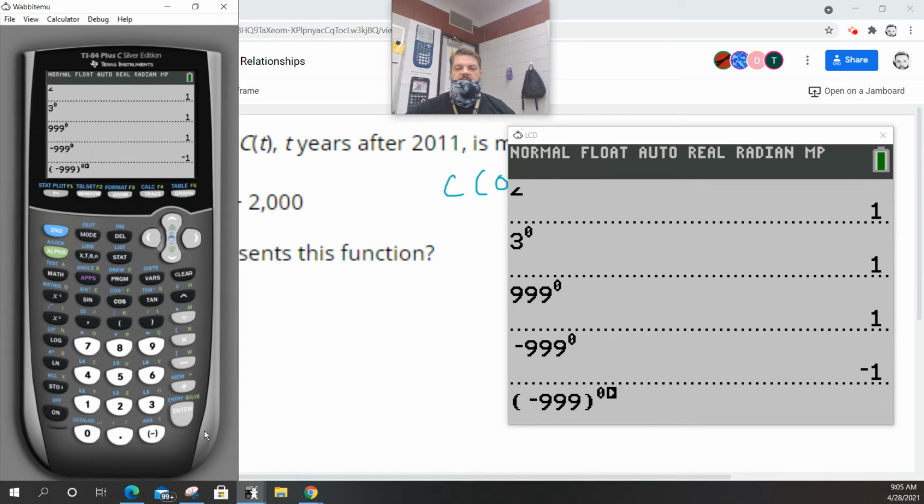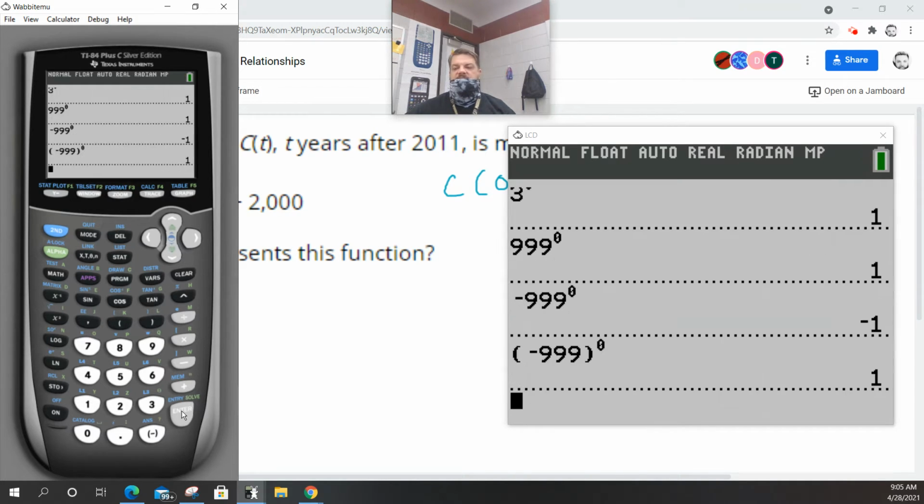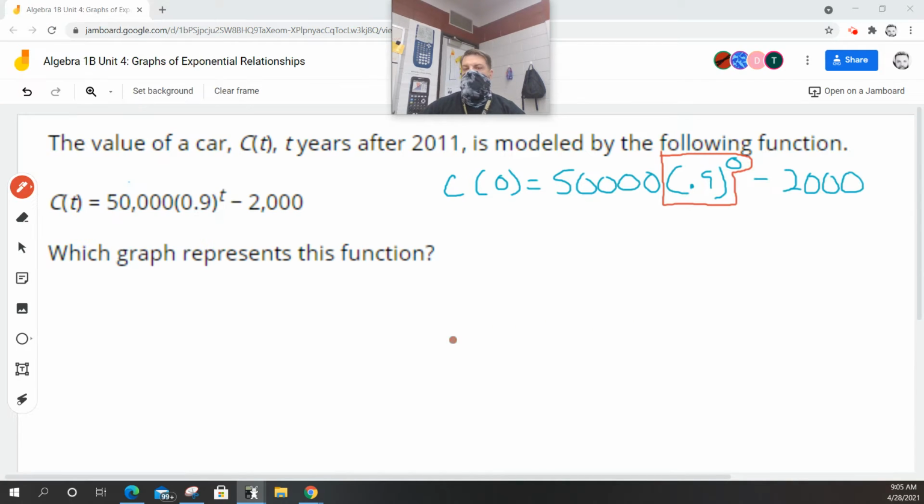I entered that one in the calculator wrong. Now it'll be positive 1. So anything in parentheses raised to the 0 is going to equal 1. So this whole thing right here becomes 1 when t equals 0.